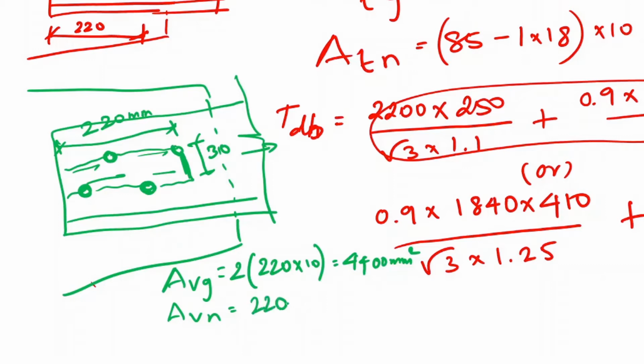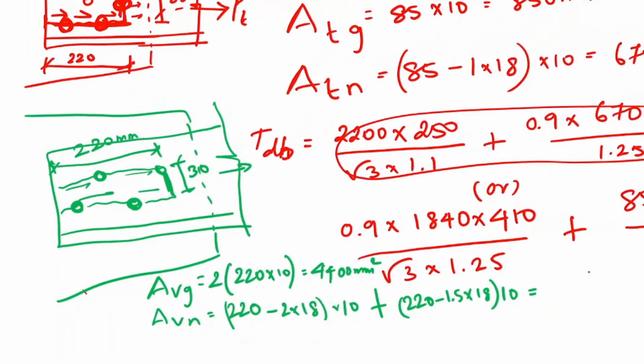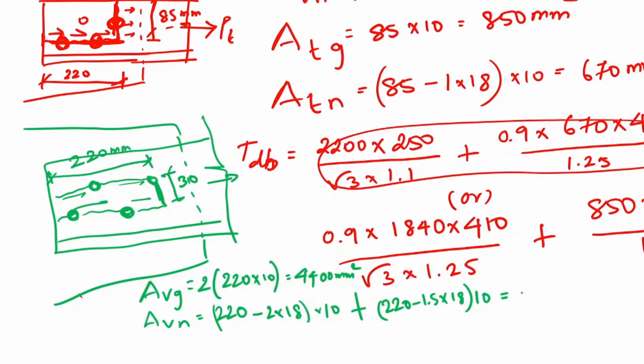So 220 minus 2 times the dia of hole into thickness 10, plus 220 minus 1.5 times the dia of hole into 10. So we are getting the net area in shear as 3770 mm square.